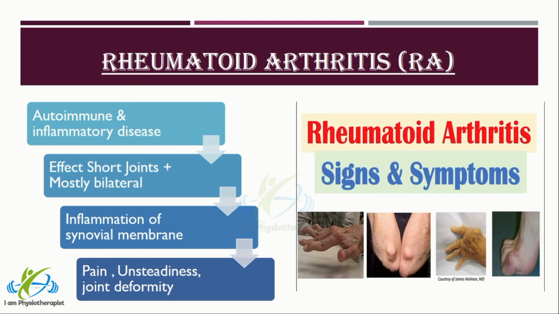It commonly affects joints in the hands, wrists, and knees. In a joint with rheumatoid arthritis, the lining of the joint becomes inflamed, causing damage to joint tissue. This tissue damage can cause long-lasting or chronic pain, unsteadiness, lack of balance, and deformity, with the joint misshapen.